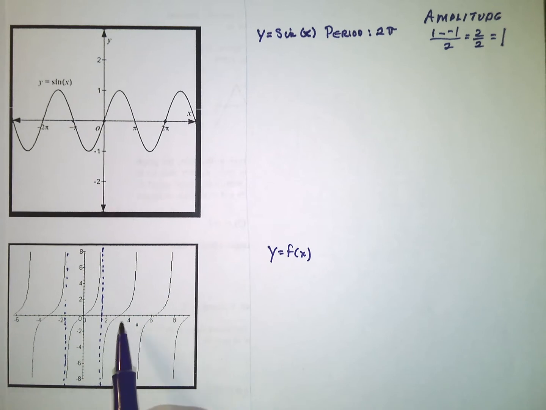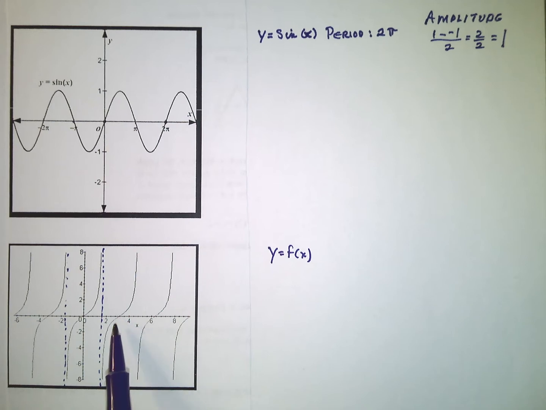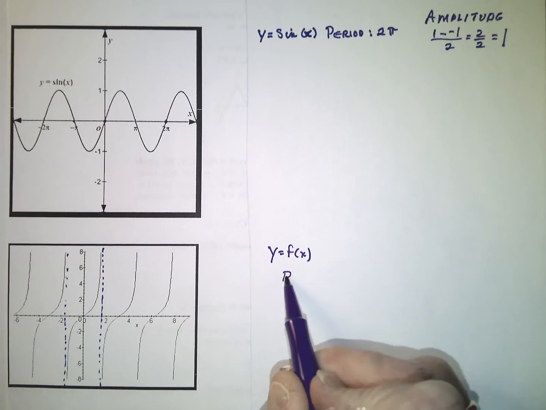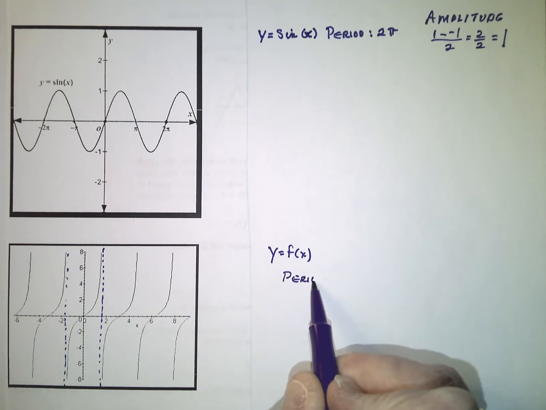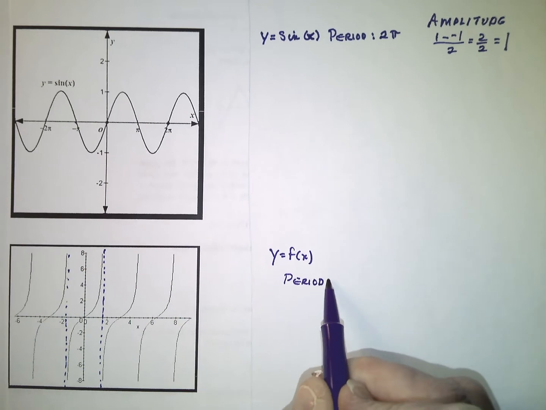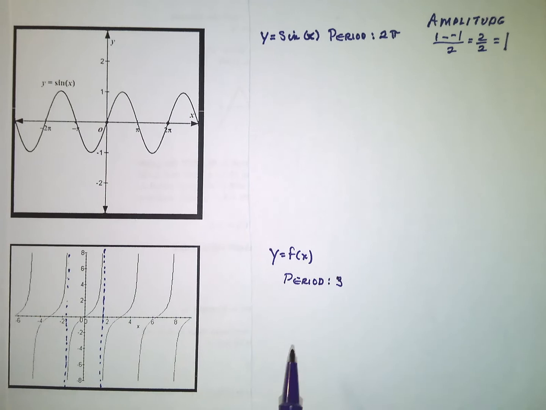We could also count, all right, the little twist at 0 does another little twist here at 3. That would give it a period of 3. Or we could have counted here, a little twist at 3, next little twist comes along at 6. All indications are the period for this function along the x-axis is 3 units.